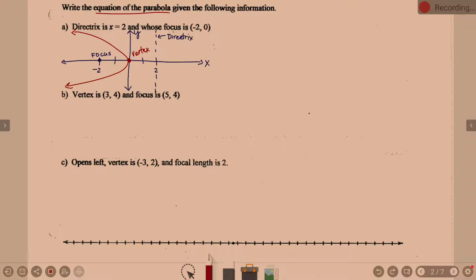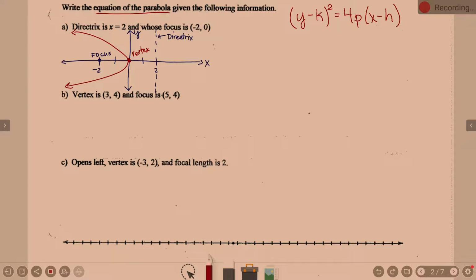So either based on the fact that the directrix was x equals a number, or based on the fact that when I sketched my picture, my parabola ended up opening left, I know that this is the second column of information, right? I know when I write an equation, I'm going to be filling in the equation (y - k)^2 = 4p(x - h).